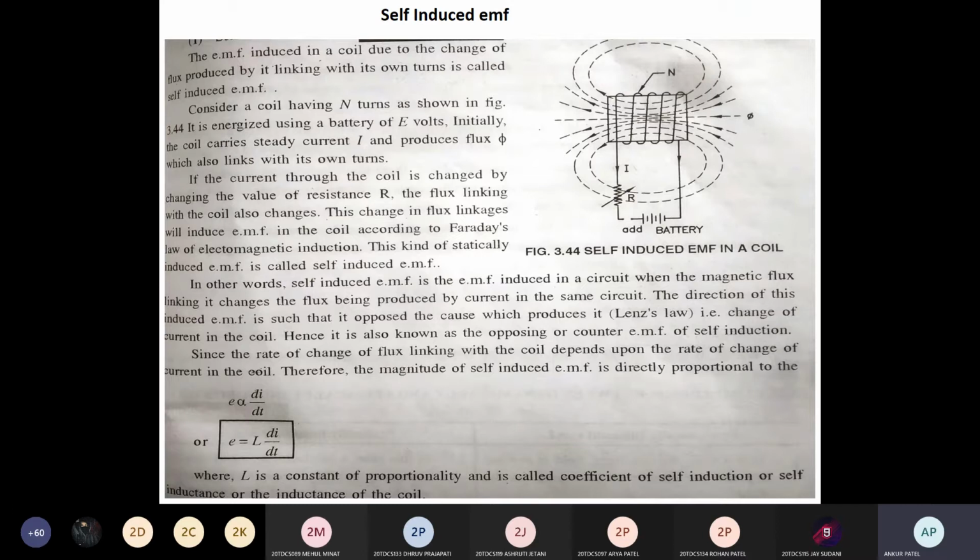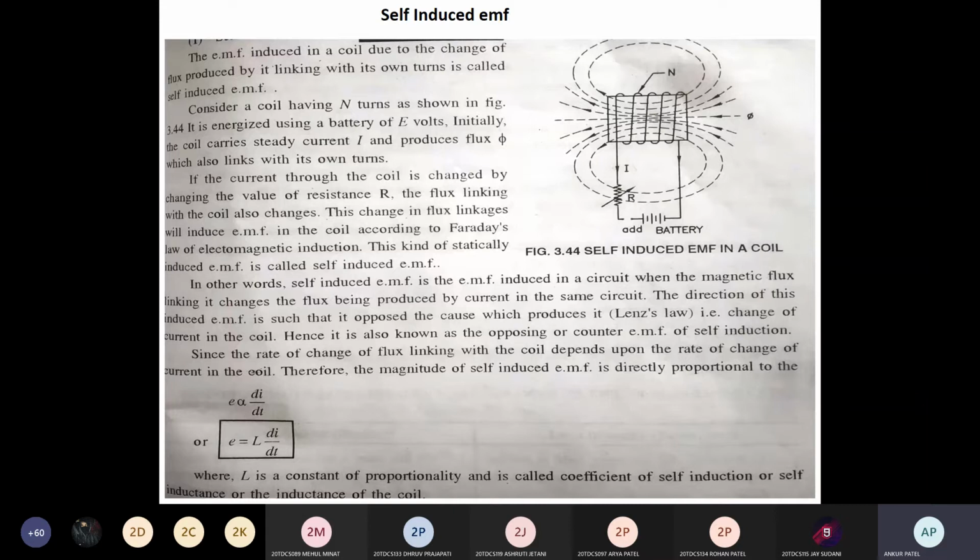In other words, self-induced EMF is the EMF induced in a circuit when the magnetic flux linking it changes, the flux being produced by the current in the same circuit. The direction of this induced EMF is such that it opposes the cause which produces it, according to Lenz's law. That means it opposes the change of current in the coil. Hence, it is also known as opposing or counter EMF of self-induction.